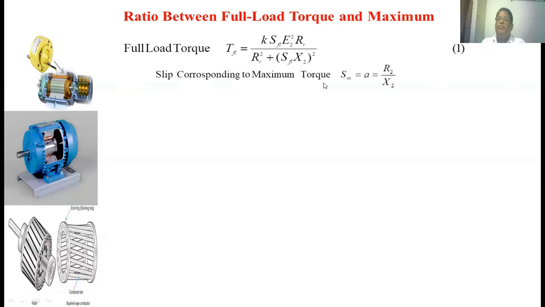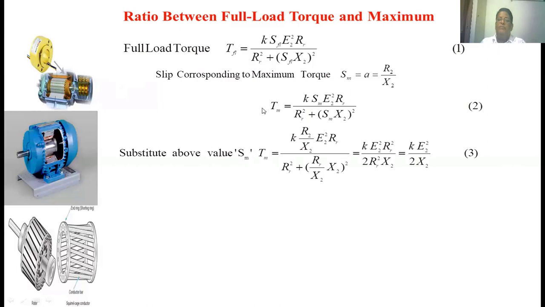The slip corresponding to the maximum torque is SM equal to RR by X2. Now the maximum torque developed by the induction motor, T maximum equal to K into SM into E2 square RR divided by RR square plus SM into X2 whole square, where SM is nothing but the slip corresponding to the maximum torque.